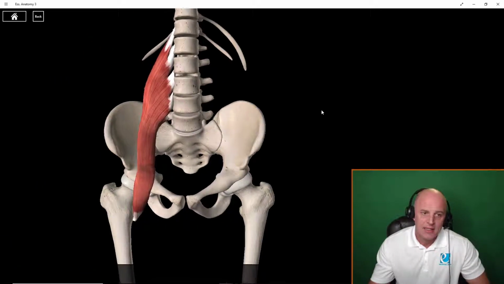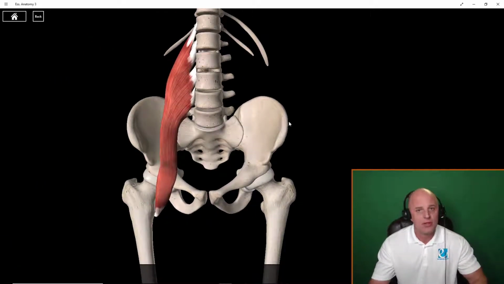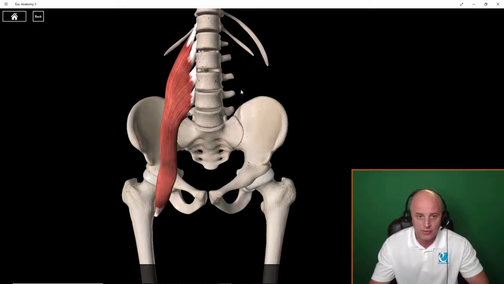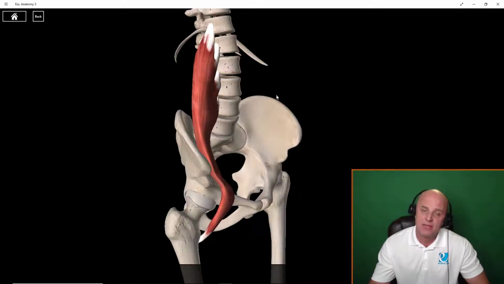All right, so once again, action wise, it's going to flex at the coxal joint, it is going to laterally rotate at the coxal joint, and it's also going to flex the lumbar vertebral column.